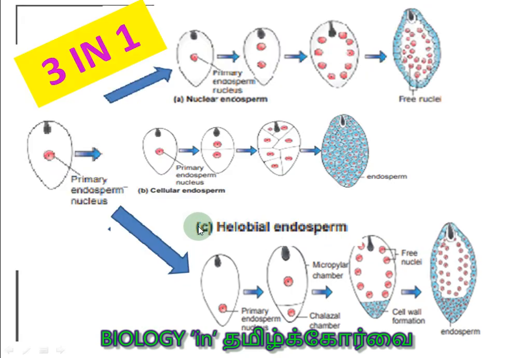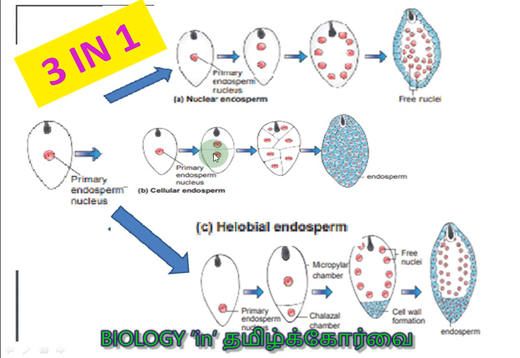Okay. So next, in a single slide you can learn everything. So the day before the examination, if you see this slide alone, this picture alone, you are able to recollect the entire concept within 2 minutes, student. So this is the beginning stage, embryo sac with primary endosperm nucleus. On one side, nuclear endosperm: you see the nucleus continuously divides. At the final stage also free nuclei are present.